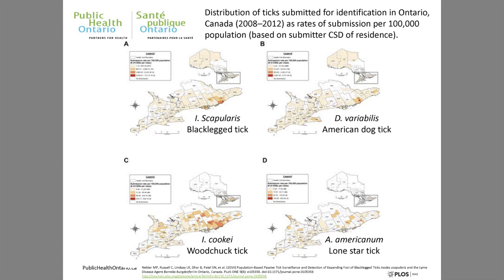Woodchuck ticks, we don't see a lot of those on people. We don't get large numbers of them, but where are they coming from? And again, the Lone Star tick, we get a very small number of them. And again, most of them are adventitious, they're being brought in. But we can look at numbers and see if there's any trends or is there something occurring that might raise alarms. Again, if you go to PLOS One and search Nelder, that's where this paper is.